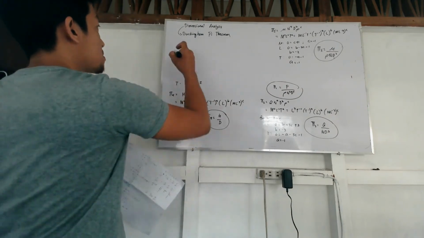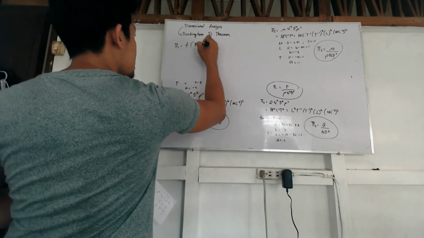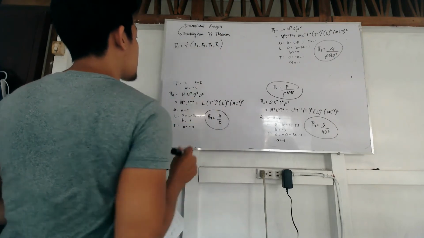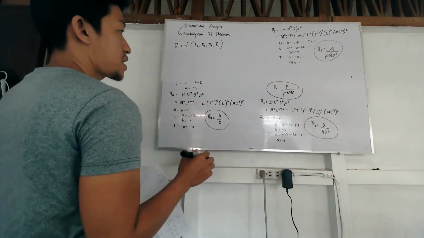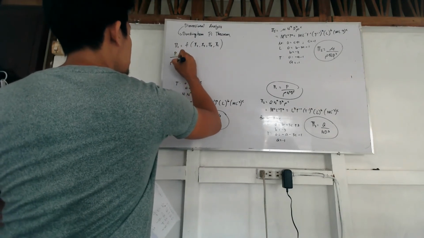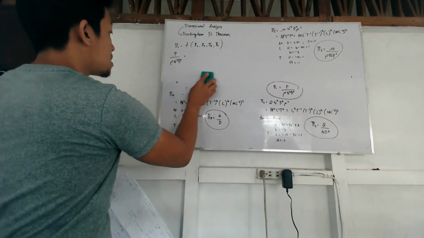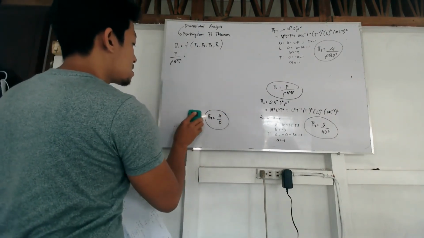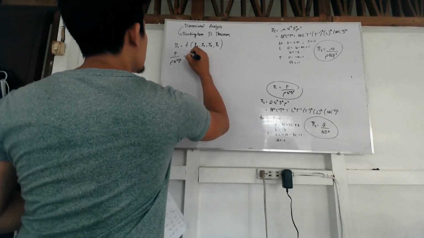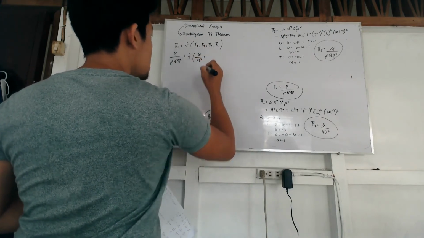When you assemble, you have pi 1 is a function of pi 2, pi 3, pi 4, pi 5. Okay? So, what is pi 1? P over rho N cube D5. Pi 2, a function of Q and D cube.